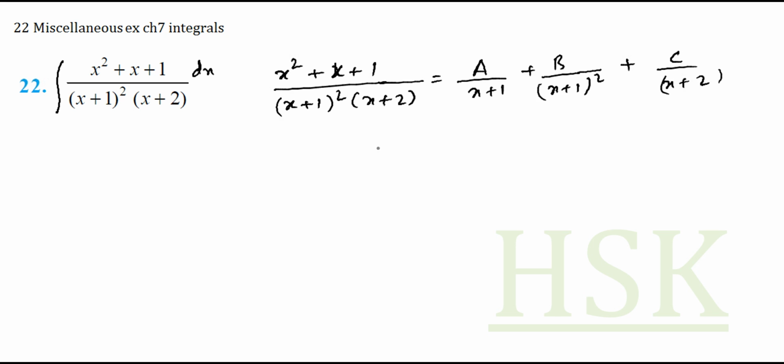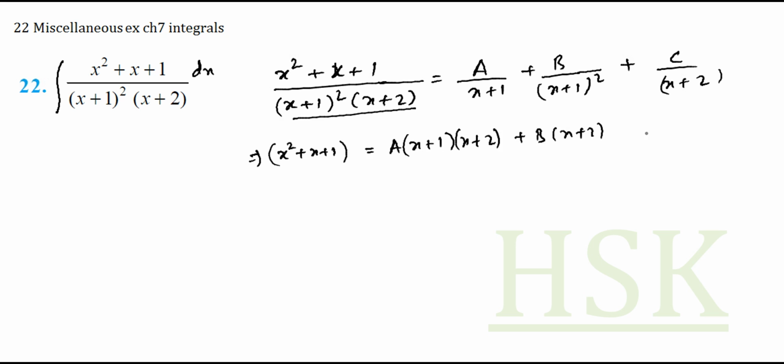On cross multiplication of the terms present in the denominator, I am going to straight away get x square plus x plus 1 is equal to a into (x plus 1) into (x plus 2) plus b into (x plus 2) plus c into (x plus 1) whole square. Now we mark this as equation number 1.